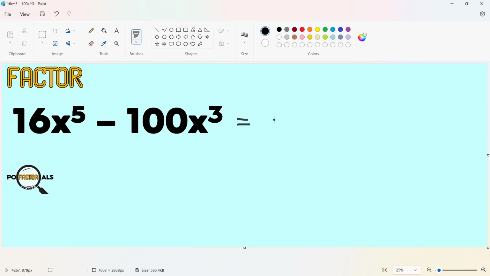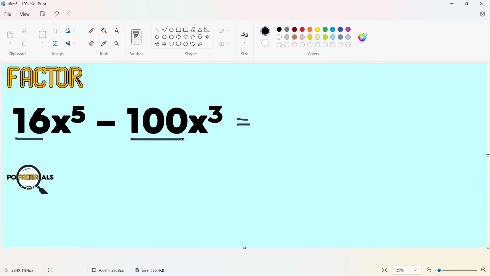Now, the common monomial factor talks about the greatest common factor that we could take from both numerical and literal coefficients. Let's look at our numerical coefficients. You have 16 and we have here 100. What do you think is the greatest common factor?